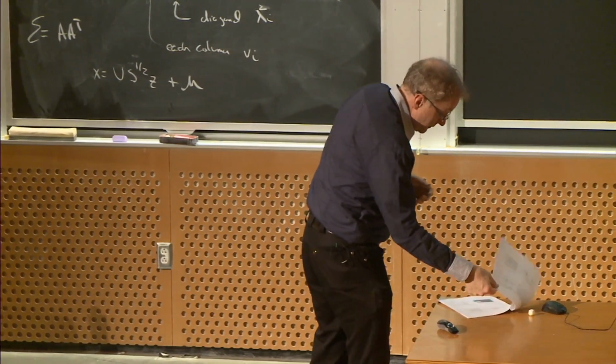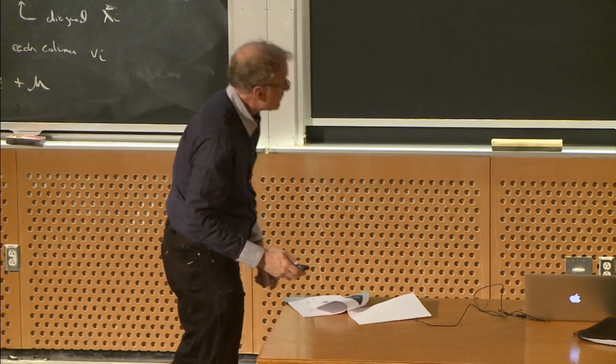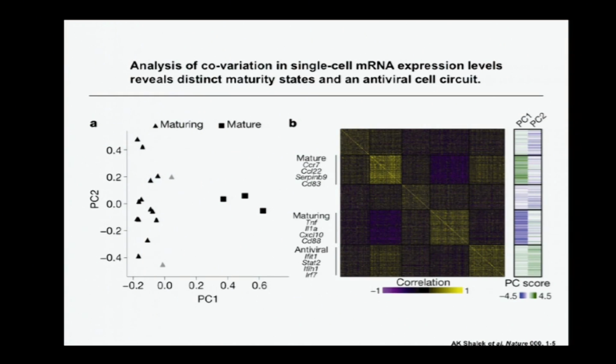And to further elucidate this, the authors of this paper took the gene expressions that they saw for a given cell as a large vector, computed the principal components, and then projected the cells into the first and second principal component, or eigenvector, space.